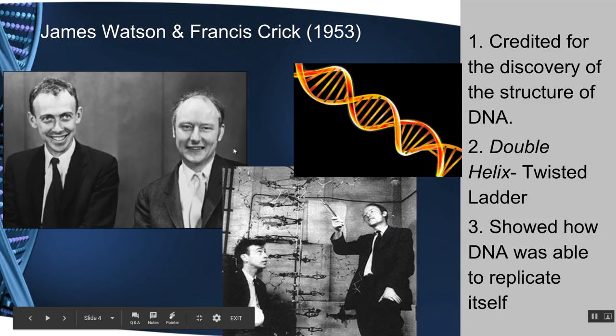In 1953, it was Wilkins giving them the picture of Rosalind Franklin's X-ray diffraction, photo 51, that was that last piece in the puzzle, and it was enough information for them to figure out that the DNA was this double helix shape, that there were two strands, and that it looked like a twisted ladder. So they're credited with the discovery of the structure of DNA, and it showed how DNA was able to replicate itself by having that specific structure.